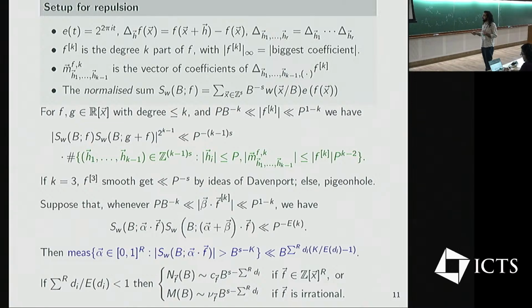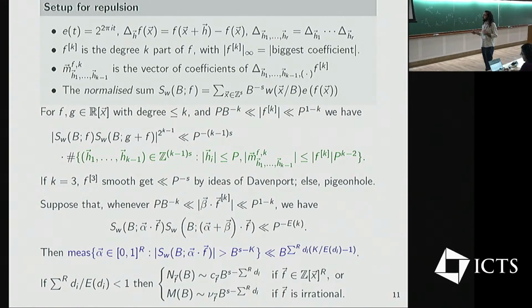And if you can get a good upper bound for this counting function, then you can turn the handle on the repulsion argument, and it runs all the way through. It gives you some bound for the measure of these sets where the exponential sum is big. How good the quality of that bound is depends on the quality of bound you can get for this counting function.